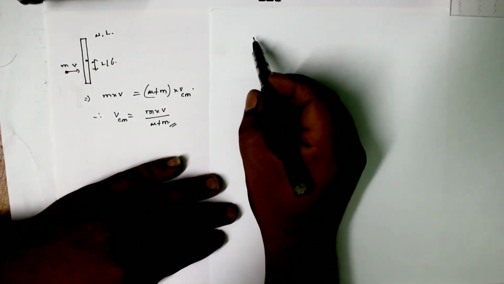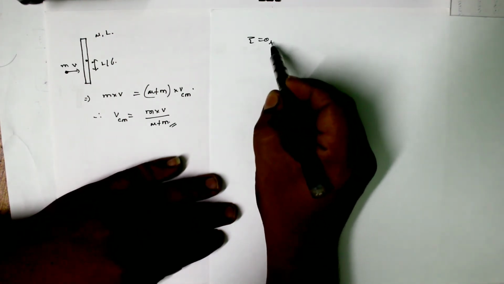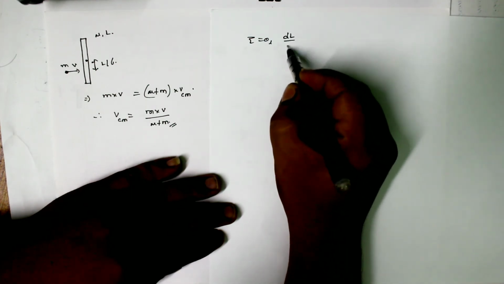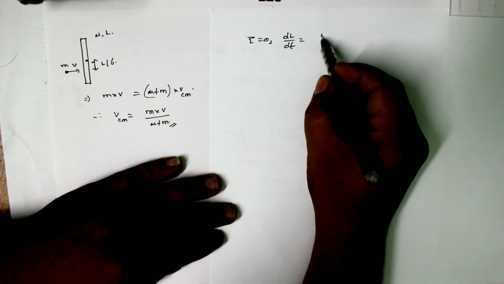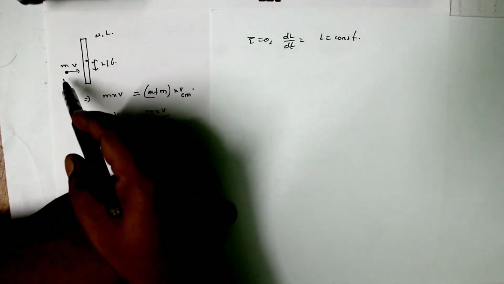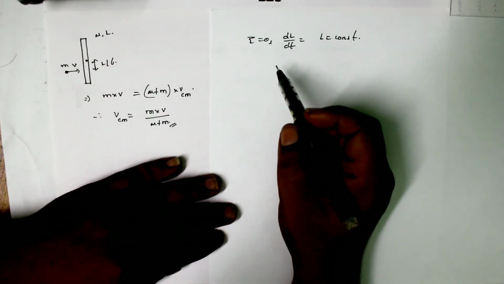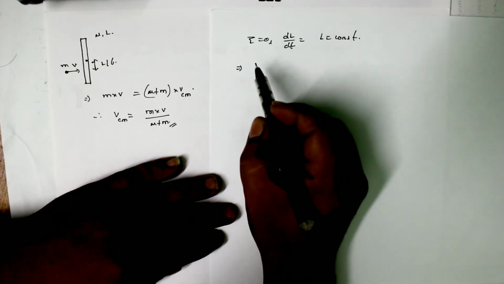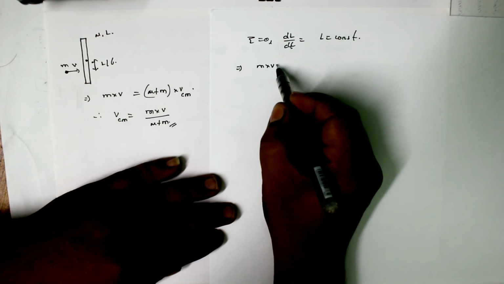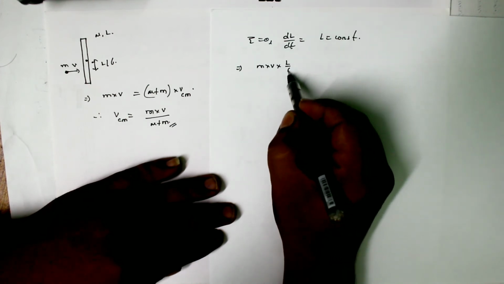Therefore dL by dt is equal to 0, so L is a constant. Initially only this particle had angular momentum, which about the center of mass of the rod is m into v into L by 6.